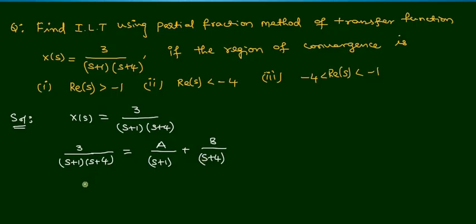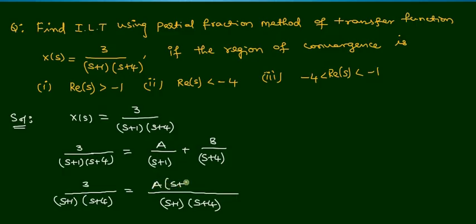Now we find out the values of A and B using the partial fraction simplification approach. We can take the LCM on the right hand side: (s plus 1) into (s plus 4). The numerator becomes A into (s plus 4) plus B into (s plus 1).